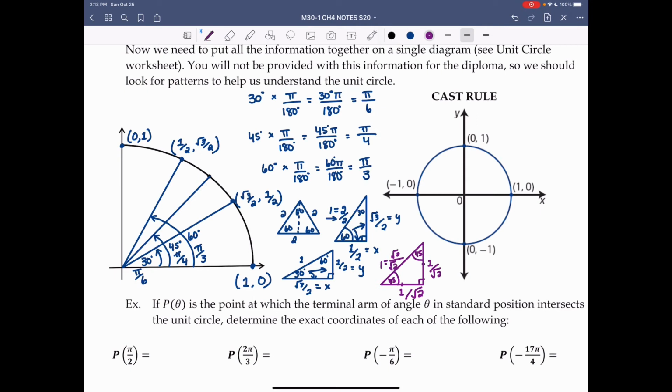So then the x value and the y value for reference angles of 45 degrees are 1 over square root 2. Or if we write this with a rationalized denominator, then it would be root 2 over 2.